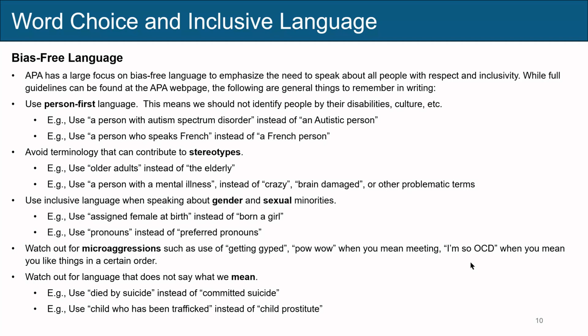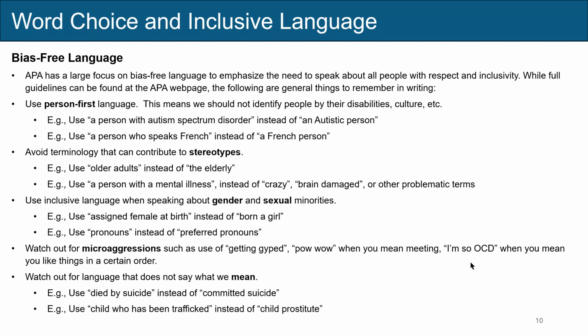Also, in general, just like with cliches and colloquialisms and idioms and all those things, make sure you mean what you say. Make sure your language use is accurate. Sometimes we use things like euphemisms to soften difficult topics. So we'll say committed suicide instead of died by suicide.